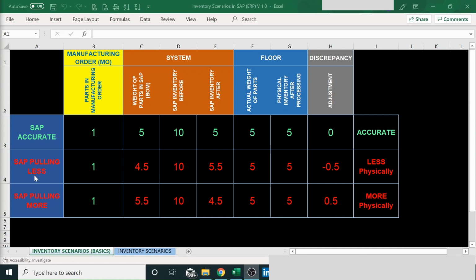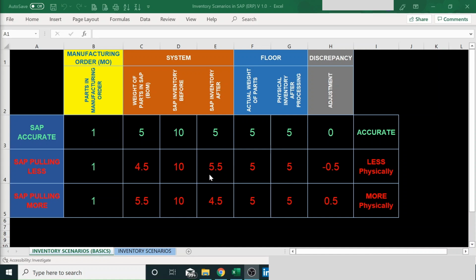Now, let's say SAP is pulling less, or the bill of materials is calling for less. Again, this is our real scenario, but it's calling for 4.5 pounds instead of 5. Same thing, we have 10 pounds. So, according to the system, we should be left with 5.5. 10 minus 4.5 is 5.5.